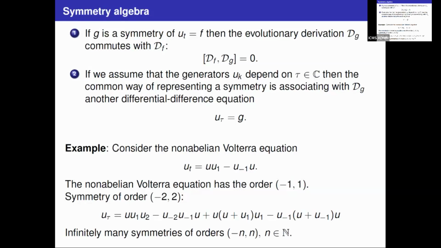Its next symmetry will be of order -4, 4. And this equation, in fact, possesses symmetries of all orders -2n to 2n for any natural number n.